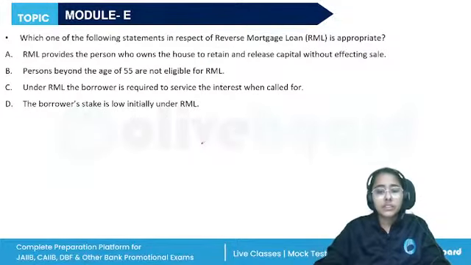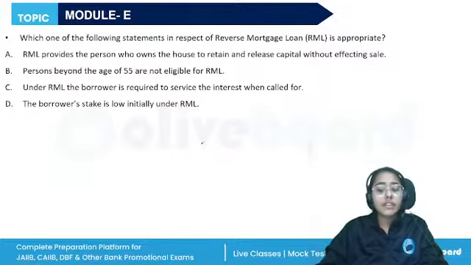Now we have the last question. Which one of the following statements in respect of reverse mortgage loan is appropriate? Option A, it provides the person who owns the house to retain and release capital without affecting sale.